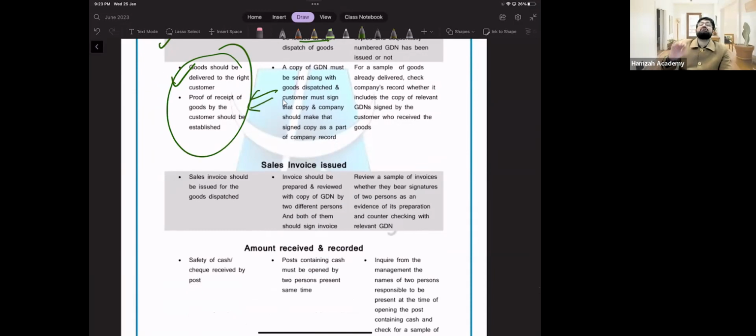A copy of the GDN is sent to the customer along with the goods. The person who is receiving should note down the name and sign it, and keep that signed copy back with us. Customer signs and it comes to us, and we make that a part of the company record.